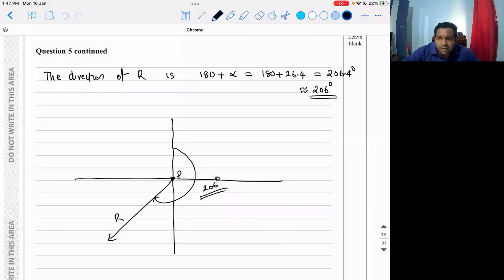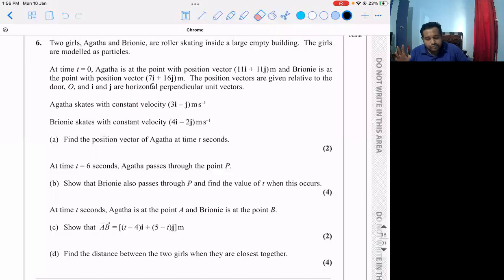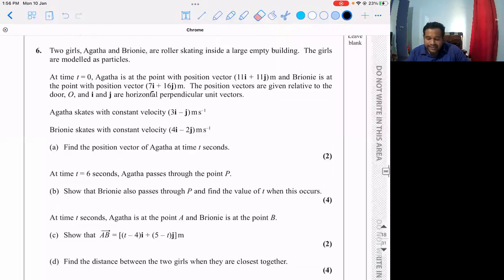We are moving to question number 6. In this question, two girls, Agatha and Brioni, are roller skating inside a large empty building.